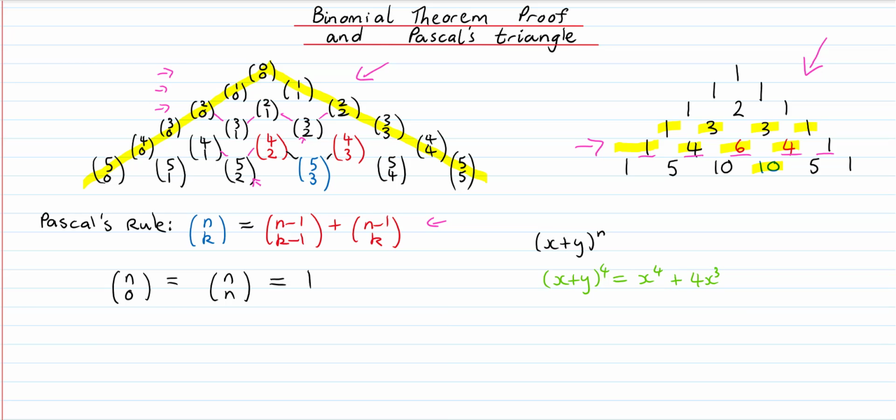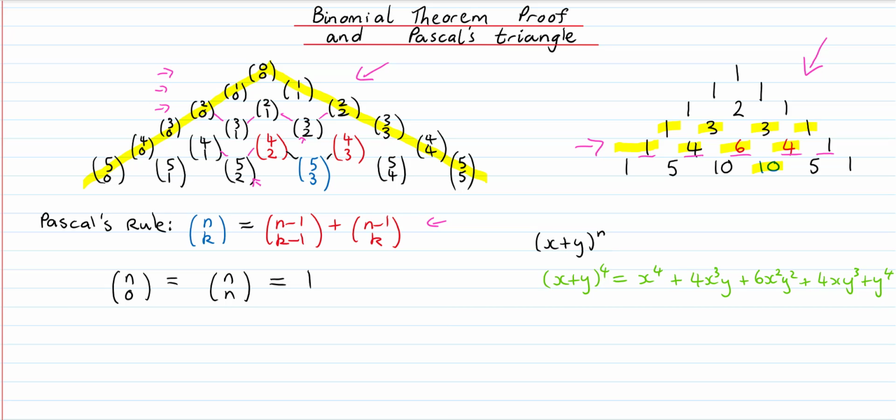So we're choosing x from 3 of the factors, and then y from 1 of the factors. So that's y to the power of 1, which is just y. And then the next term, well, it's going to be 6 times x squared times y squared, and then we get plus 4 times x times y cubed plus y to the power of 4.